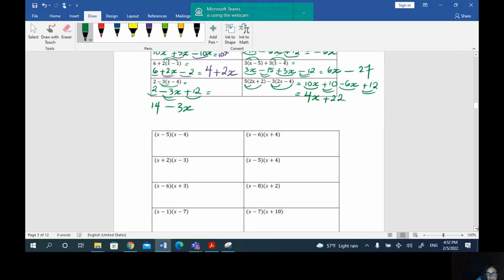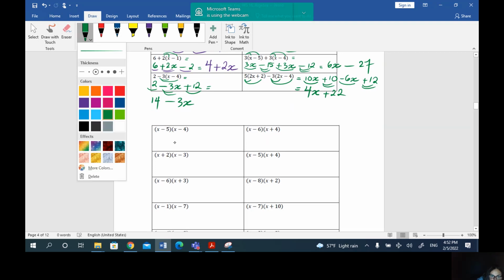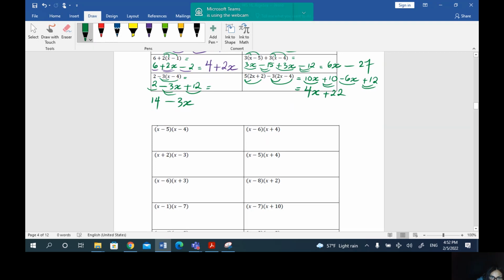All right. Let's carry on with expanding. Expanding is getting rid of brackets. If we have two brackets multiplied by each other, we're going to take the first term in the first bracket, multiply it by each term in the second bracket, and then the second term in the first bracket, we're going to multiply it by each term in the second bracket.